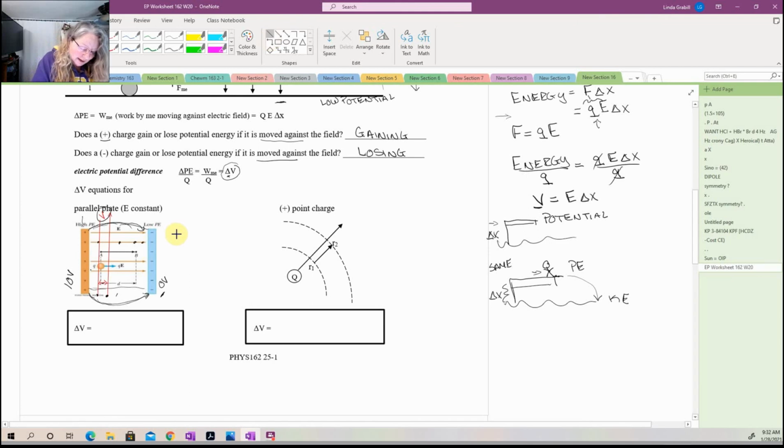So the takeaway here is that potential difference is going to equal what then? It's going to equal my E field times delta X, the little spaces in between that I'd be measuring.